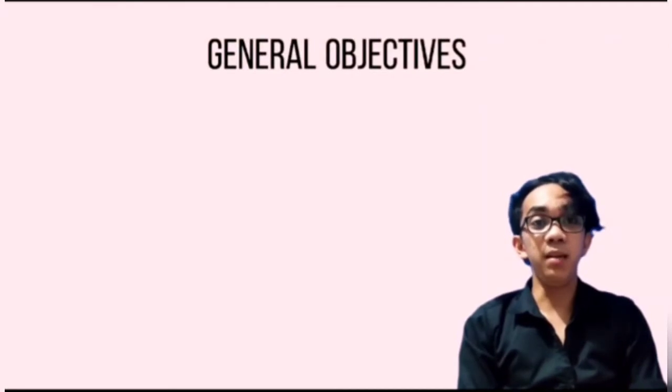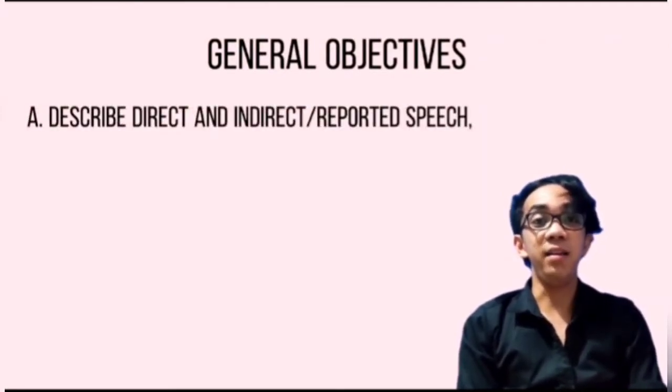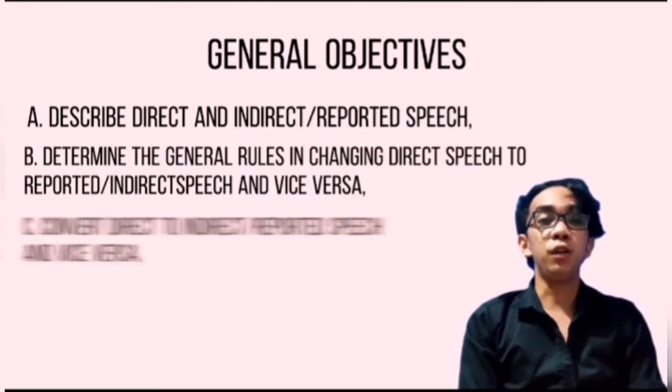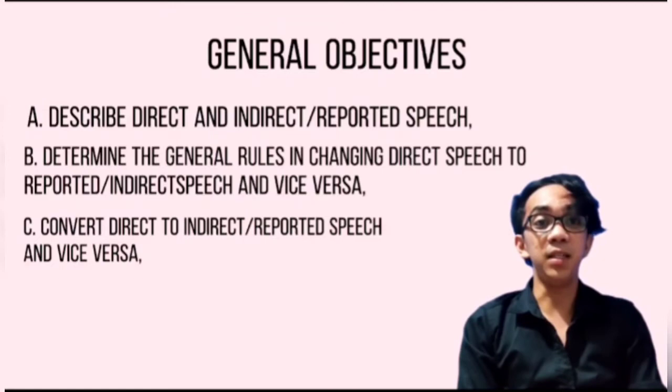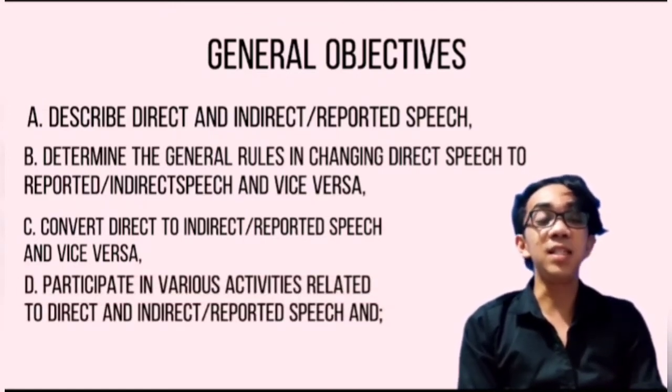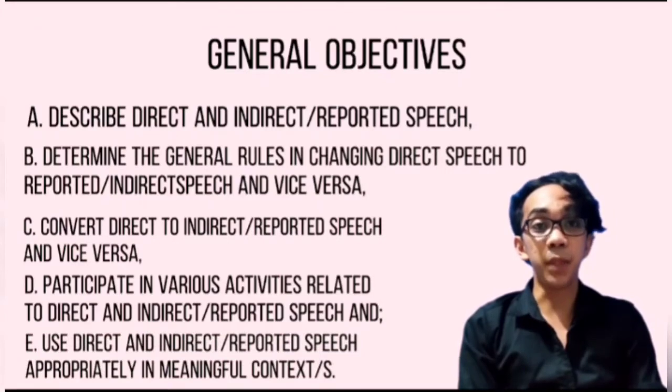By the end of the week, students must be able to describe direct and indirect speech, determine the general rules in changing direct to indirect speech and vice versa, convert direct to indirect speech and vice versa, participate in various activities related to direct and indirect speech, and lastly, use direct and indirect speech appropriately in meaningful contexts.